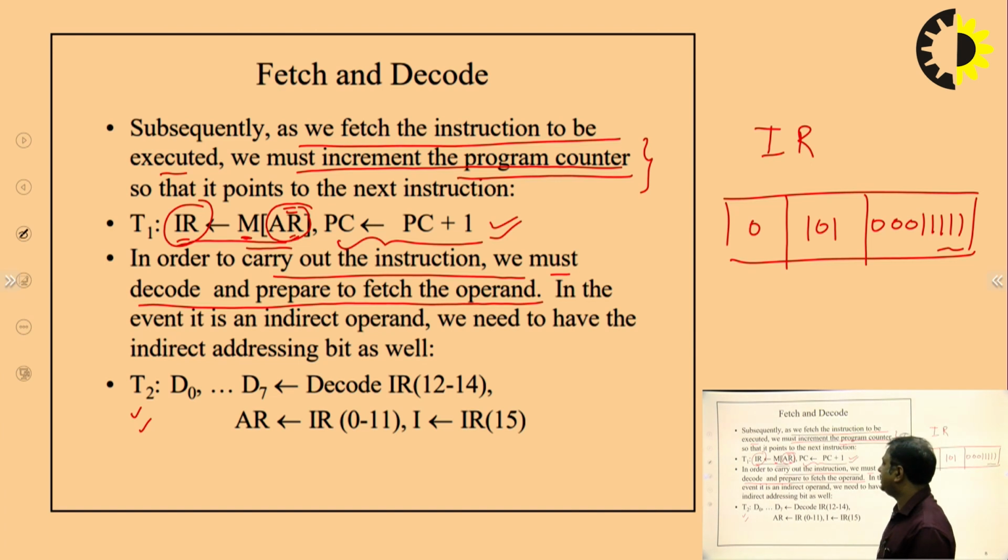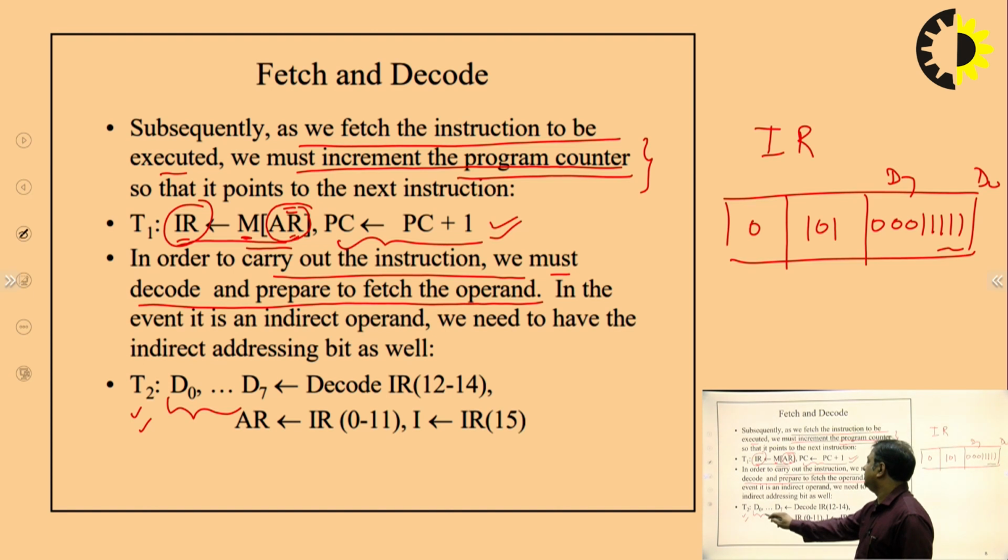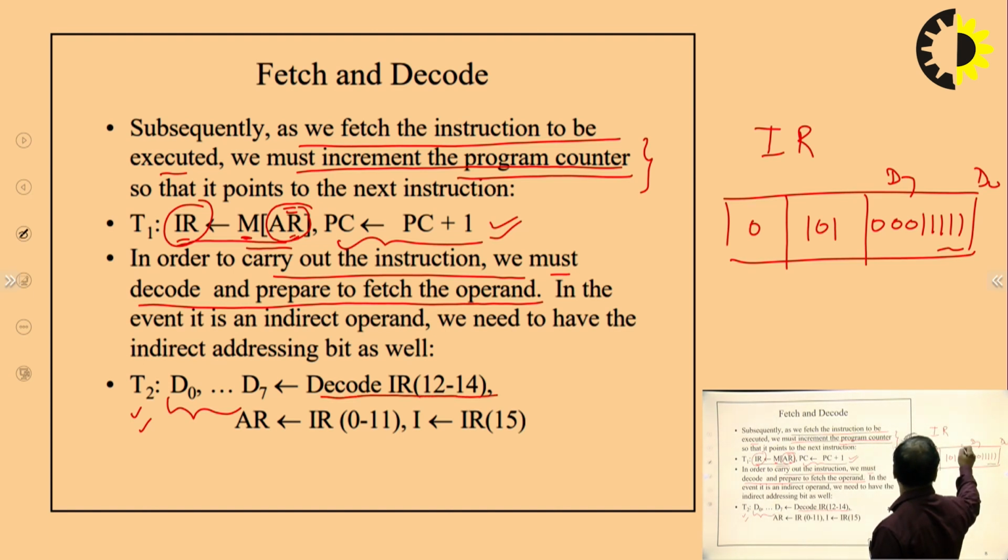The bit numbers D0 to D7 decode the IR register. Bits 12 to 14, that is the opcode.